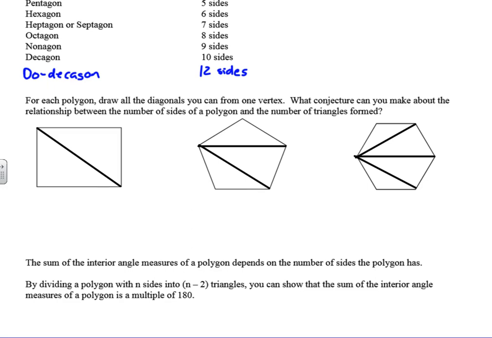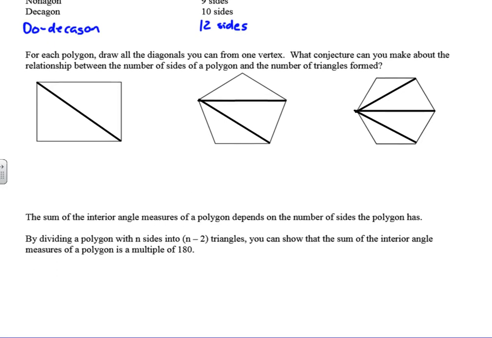And so the question is, what conjecture can we make about the relationship between the number of sides of the polygon and the number of triangles formed? Let's answer that question for each of these: sides, triangles.